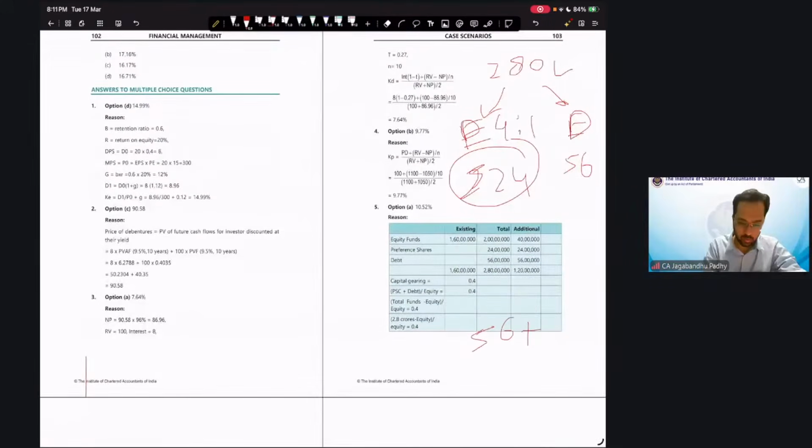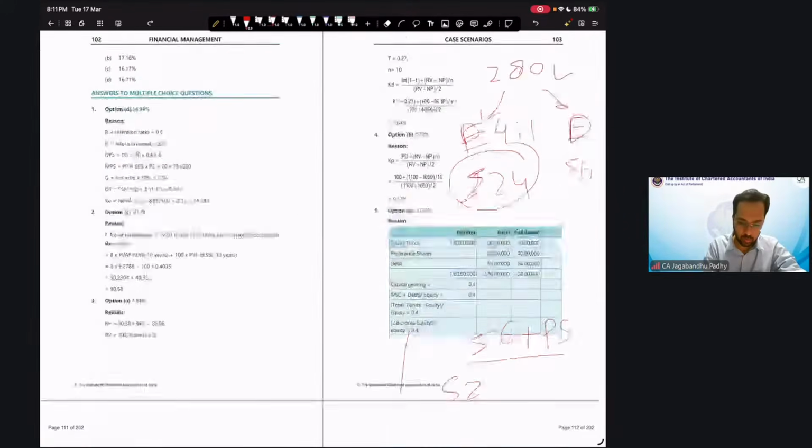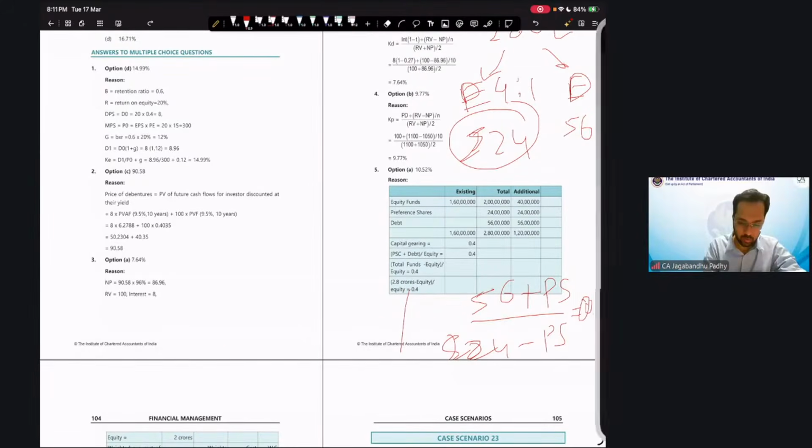So 56 plus preference share upon 224 minus preference share should be equal to 0.4. You simply solve this and get the value of preference share, which is the balancing figure.